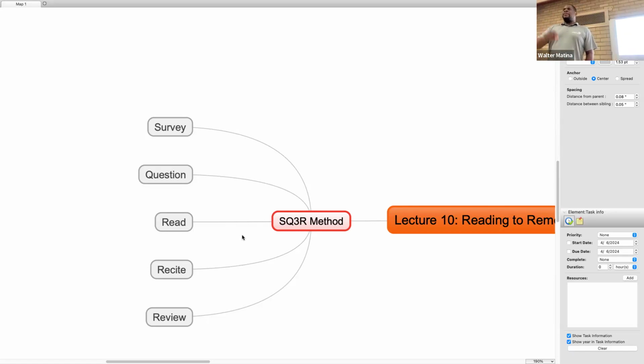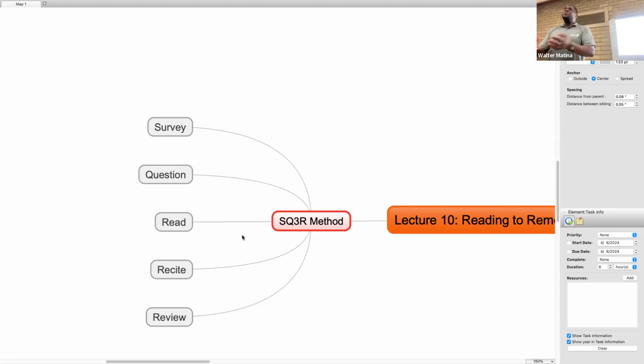Because the moment you don't like maths, you're not going to listen as carefully to the maths teacher as he teaches. And the moment you fail because you didn't listen, you have now provided yourself with the evidence of why you don't like maths. So the technical concept is called self-fulfilling prophecy. If you tell yourself, you know what, Walter is now going to be talking about study skills, I don't even know where he's coming from and where he's going, you are going to ultimately feel tired listening to me explain.